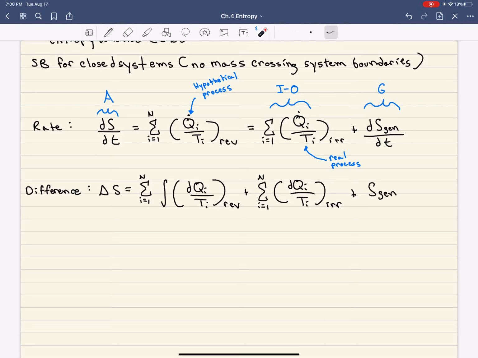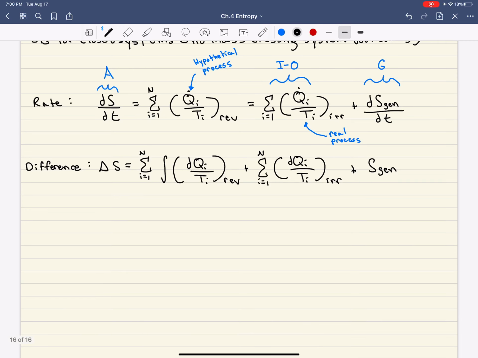For both the rate and the difference form, our S_gen could either be positive if you have an irreversible process, equal to 0 for the reversible process, or less than 0 for the physically impossible process.